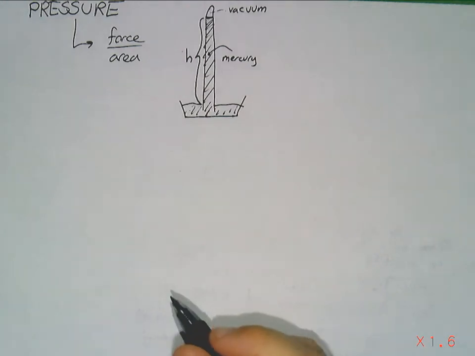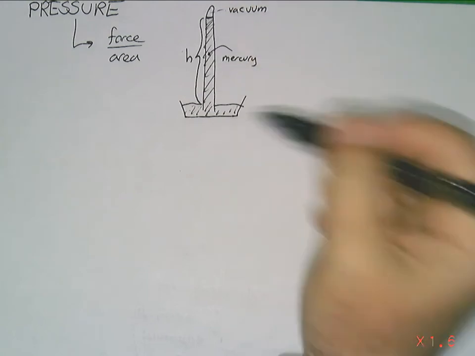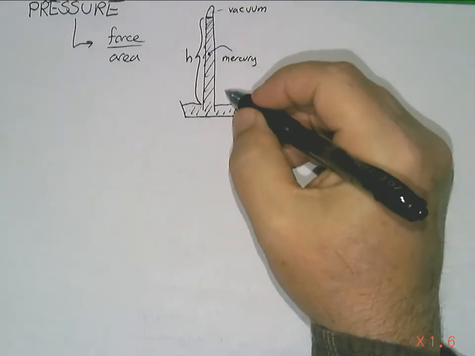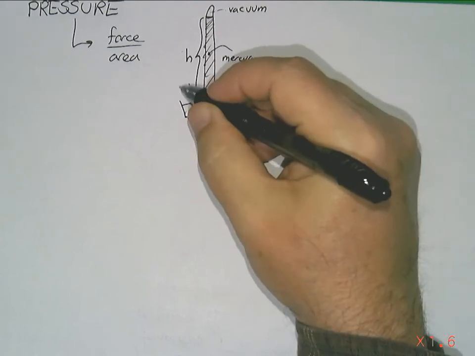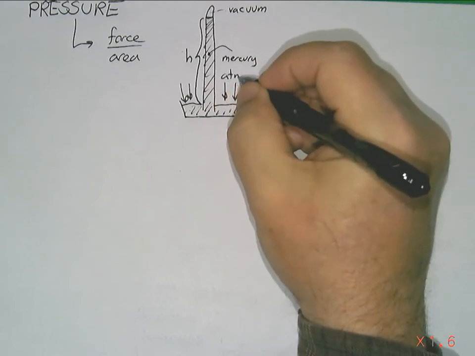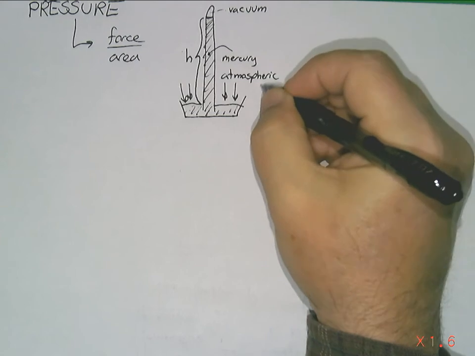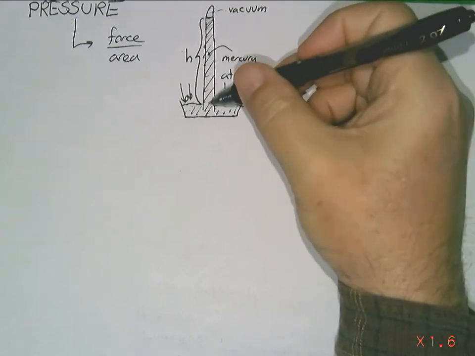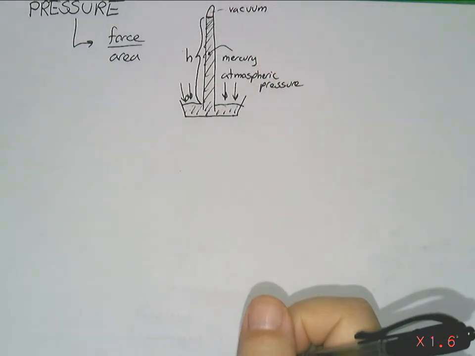Now, what's going on here? Why does this column stay up here? Why doesn't the whole thing spill out when you turn it upside down? It's because the atmosphere is exerting pressure on the dish, and that is squirting the liquid up the tube.